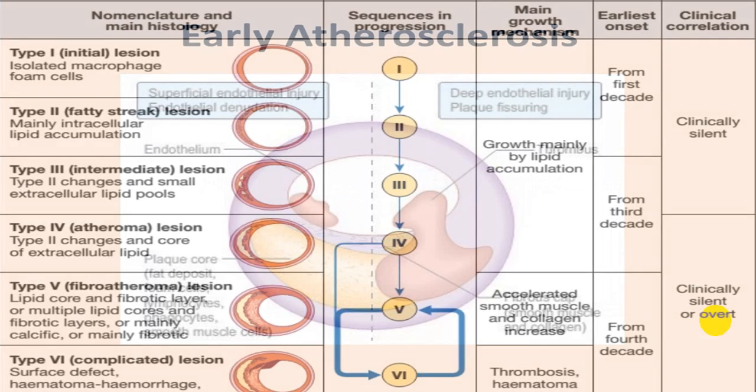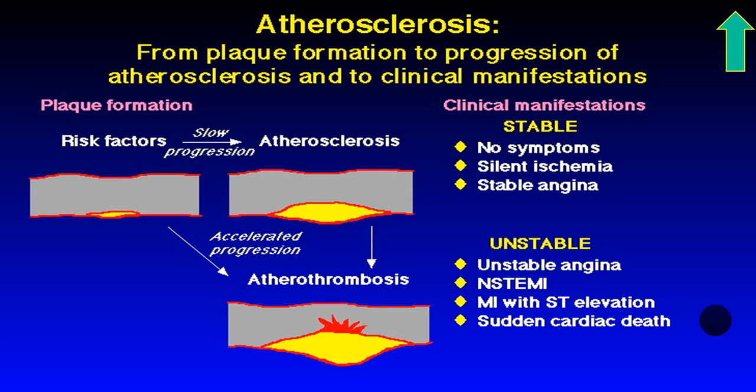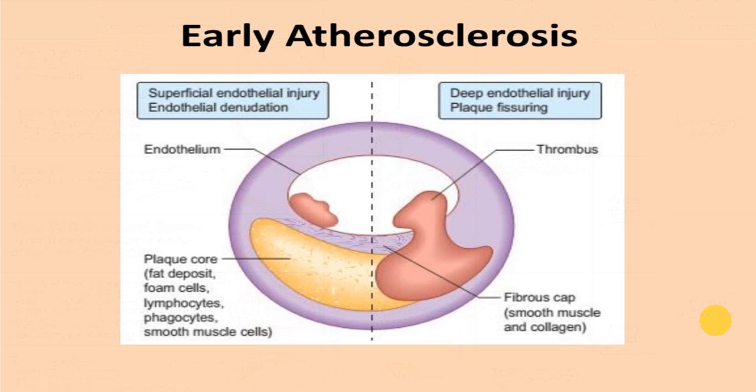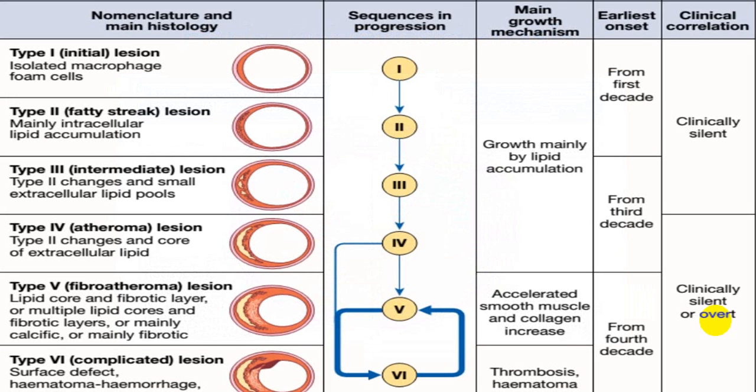This portion we have discussed in detail in atherosclerosis, so I am skipping over these slides. At your leisure, you can go through them. This is early atherosclerosis, with the different stages right from initial lesions, fatty streaks, intermediate lesion, atheromatous plaque, stable plaque, and unstable plaque. We have mentioned all of this.